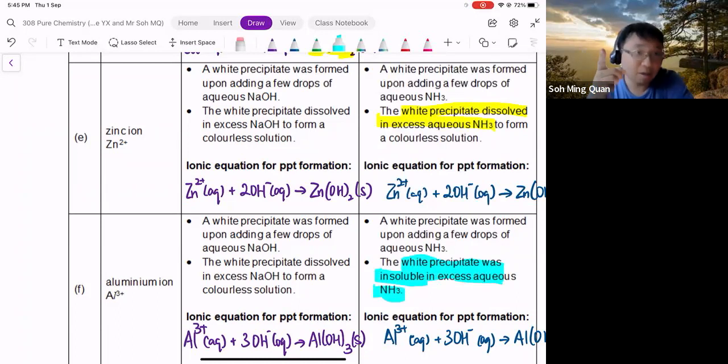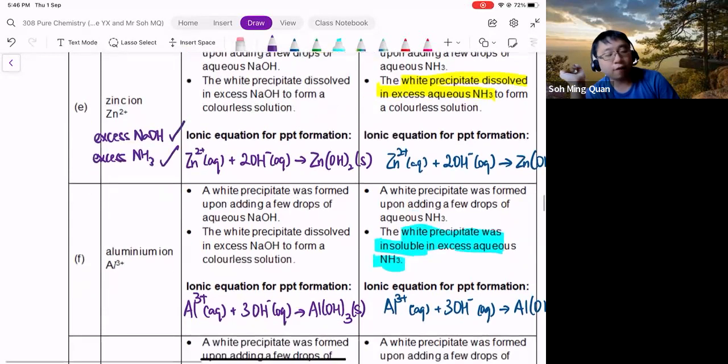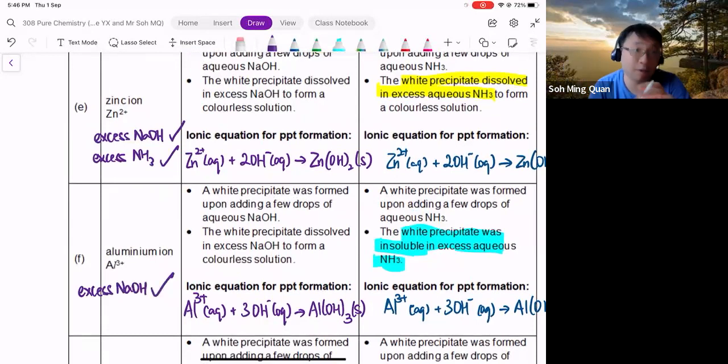Zinc, the white precipitate, zinc hydroxide, can dissolve in excess NaOH and ammonia. So we can of course write it down. Excess NaOH, dissolve. Excess ammonia, also dissolve. For zinc. For aluminium, excess NaOH, the white precipitate, which is aluminium hydroxide, will dissolve.